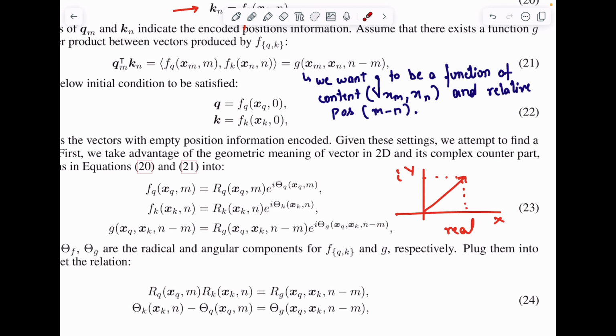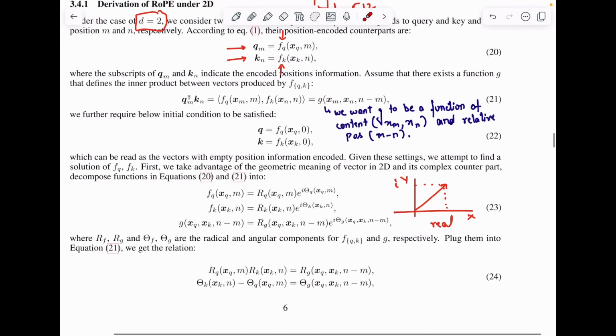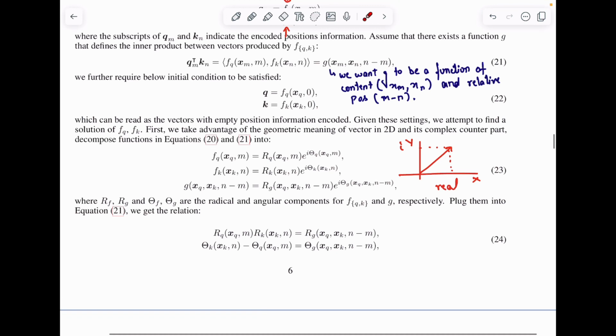We defined two vectors fq and fk and a function g which represents the dot product of these two vectors, and we have initial conditions q and k that tell you what the vector is when there is no positional encoding attached to it. And we represented it using Euler's formula, whatever accent or dialect you prefer. Okay.